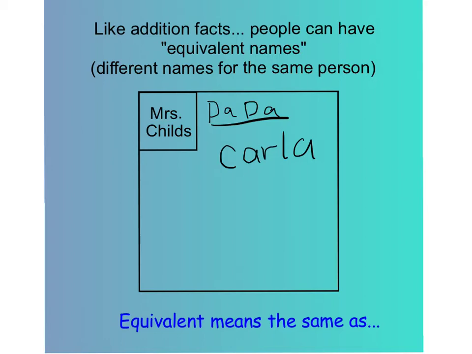My nieces and nephews call me Auntie Carla. So that's even a different name from Carla. Sometimes my friends call me Car. And you all call me Mrs. Childs. Those are a few of the names that people call me, but they all mean the same thing. If I were to hear one of those names, I would usually turn. Yes, even to Dada.